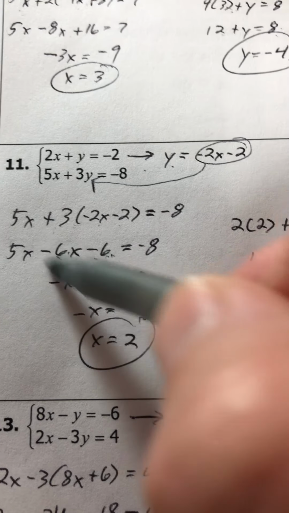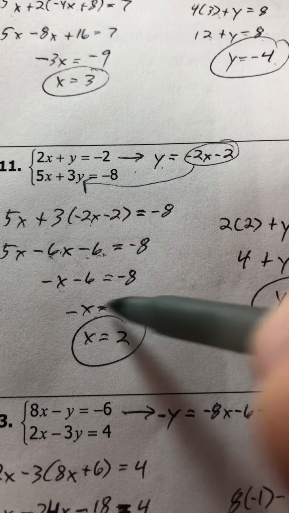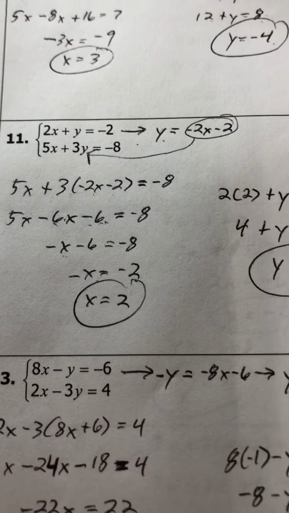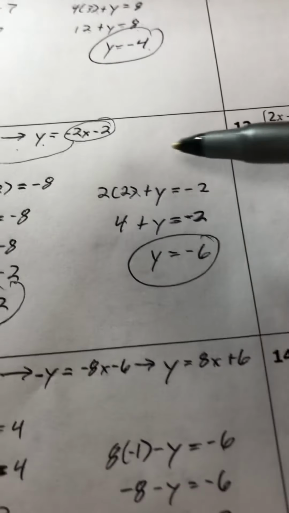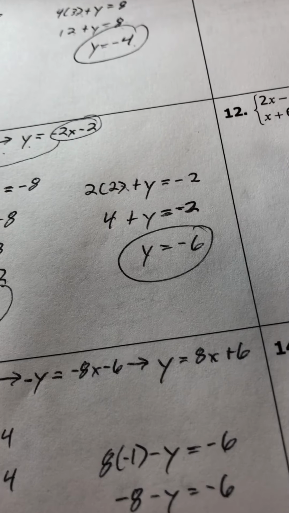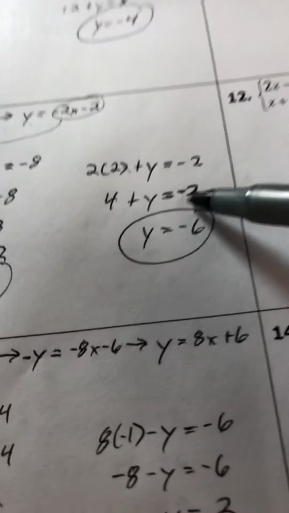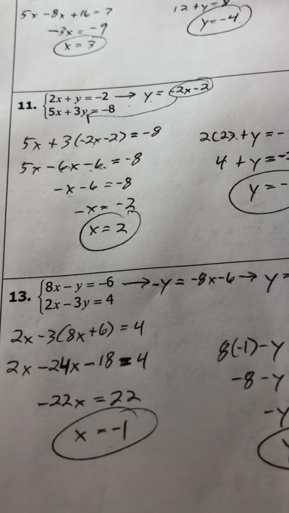And then I combine my like terms. That's how I got this. And then I isolate the variable. That's how I got this and this. X equals 2. I plug 2 into one of the problems. I chose the first one. And I end up getting 4 plus y equals negative 2. I subtract 4 from both sides. I get y equals negative 6.